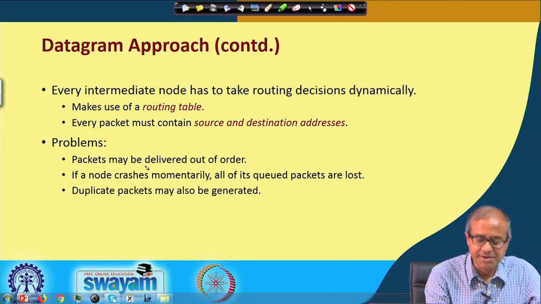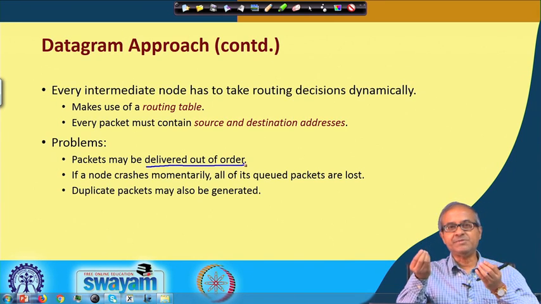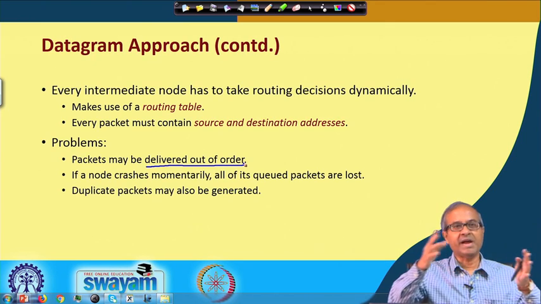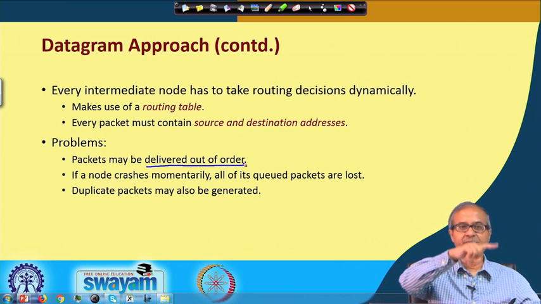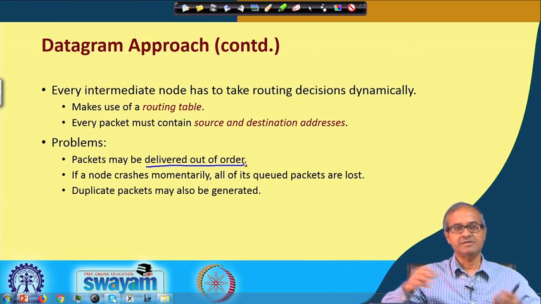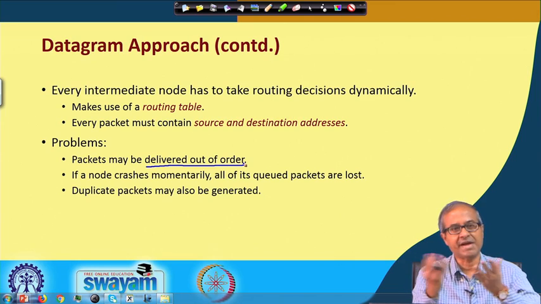So, packets may be delivered out of order. Why? Because each packet is being routed as an independent entity. There is no guarantee that all packets are following the same path. Some packet may be following a shorter path, some a longer path. So, the delays of each packet can be different, and the delivery of the packets can be out of order.